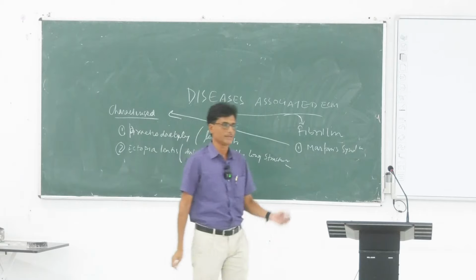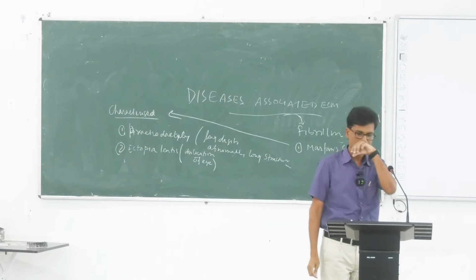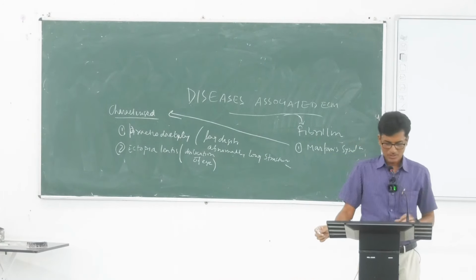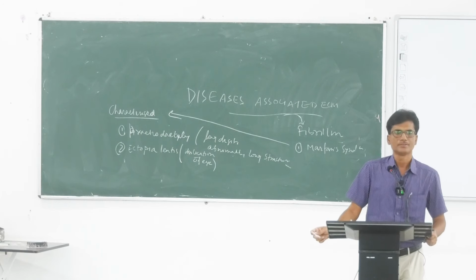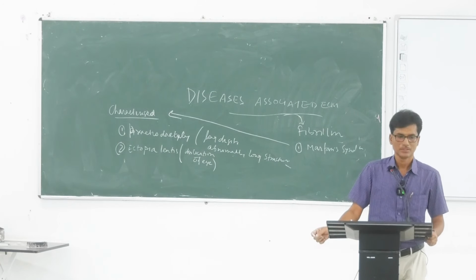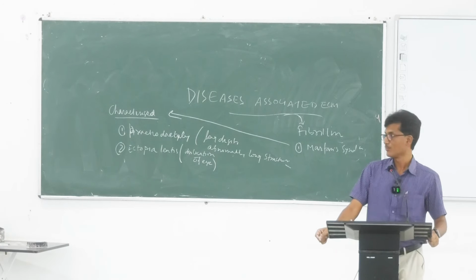What is ectopia lentis? That is dislocation of the eye lens. Next হচ্ছে hyperextensibility of the joints.